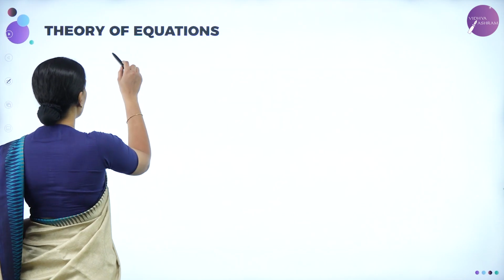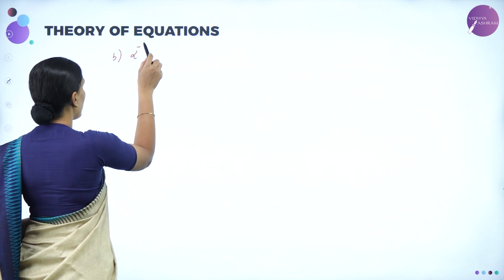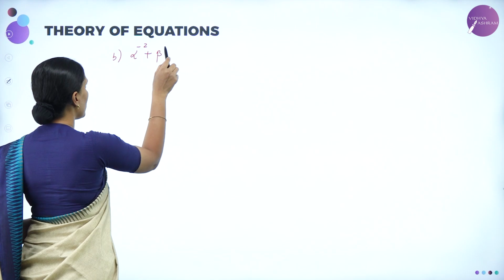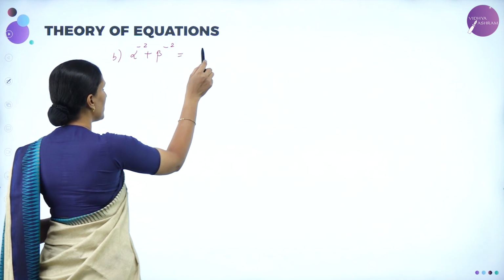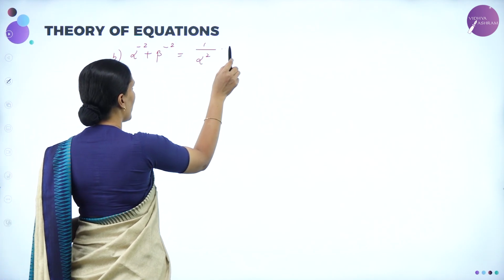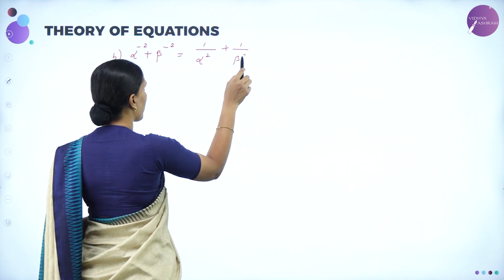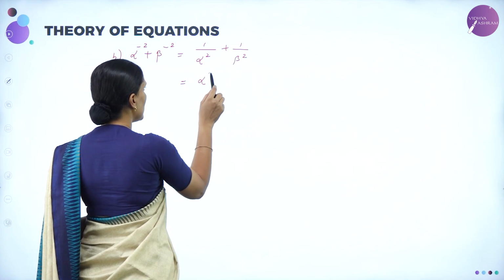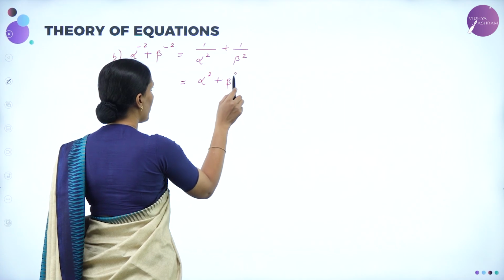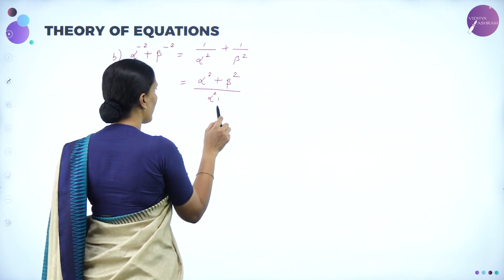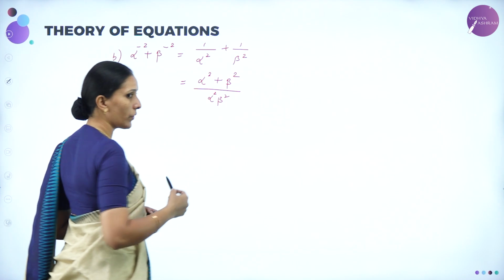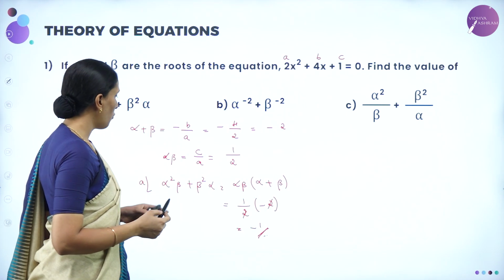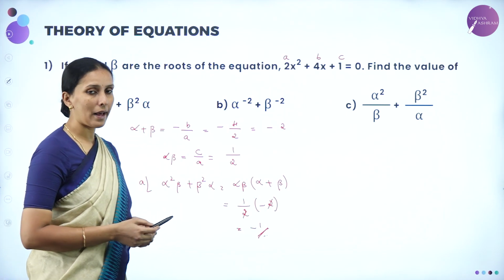Next we have alpha to the power minus 2 plus beta to the power minus 2. That can be written as 1 by alpha square plus 1 by beta square, which can also be written as alpha square plus beta square divided by alpha square beta square. Now I need to express this in the form using alpha plus beta and alpha beta.